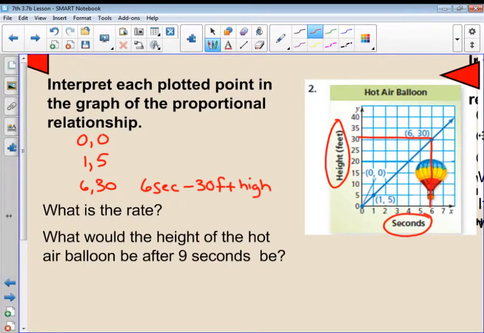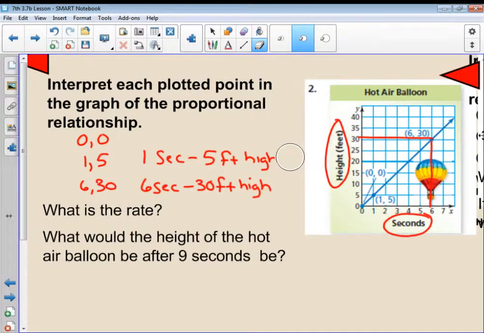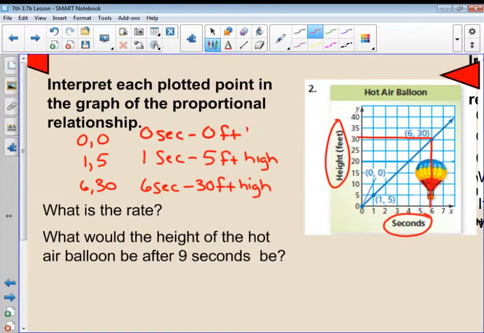Okay, so then that means here at 1 second, I am 5 feet high. Oops, when I spelled height, I'm not even spelling it right. And then here, this would be 0 seconds, would be 0 feet high. So I'm on the ground.